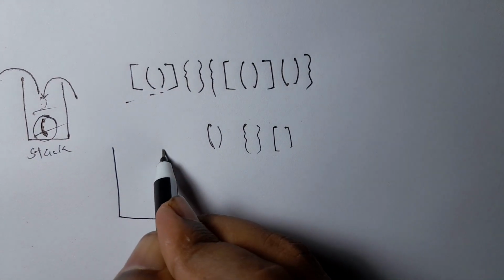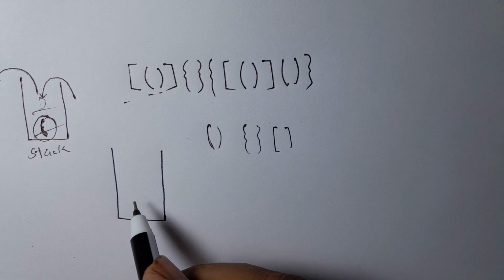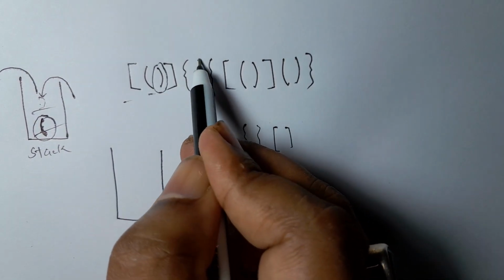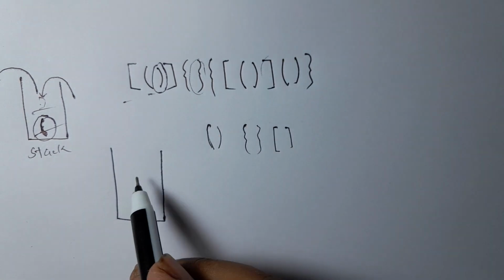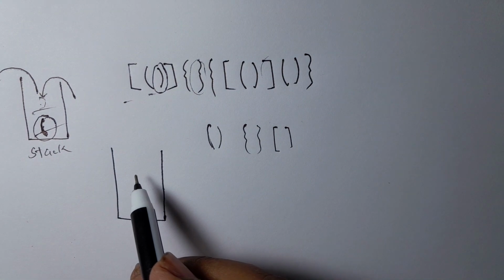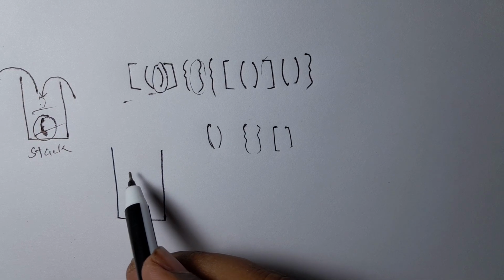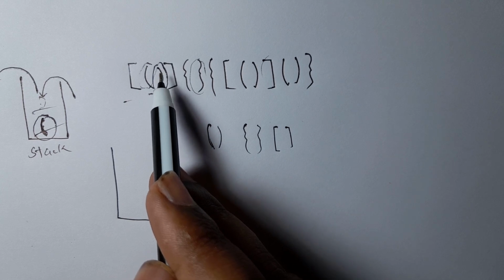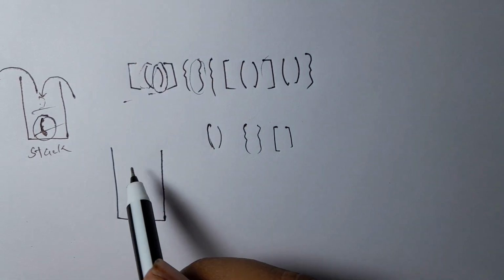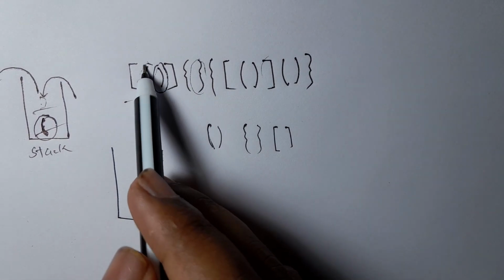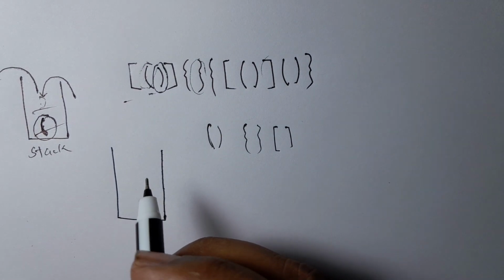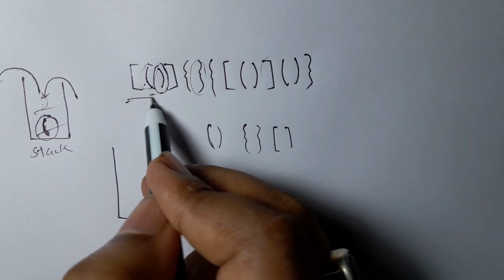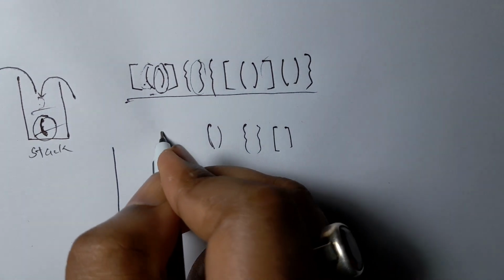We can build a stack and every time we get a closing first bracket, or closing second bracket, or closing third bracket, we check the top of the stack to see whether we have the opening of that bracket. If you have a closing first bracket and the top of the stack has an opening first bracket, then you can nullify it. So I am solving this problem using stack.